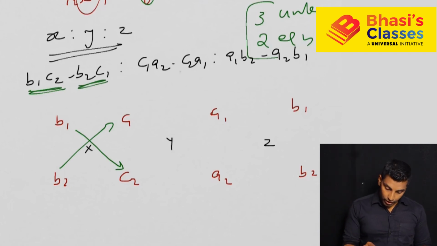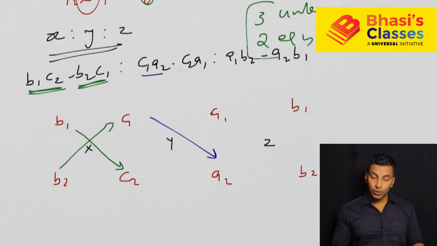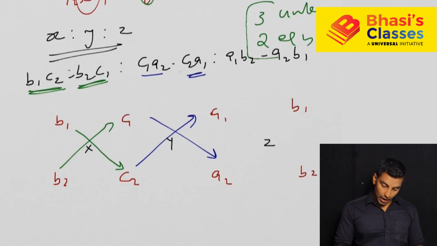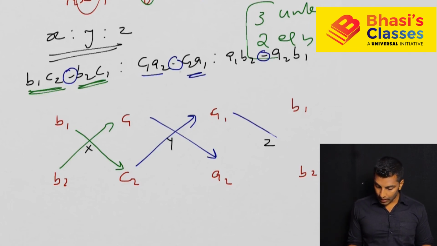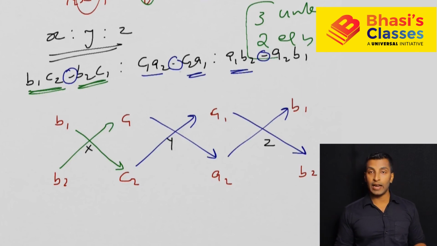Now you continue like this, so you get c1a2, then c2a1. All are minus, so you don't need to have confusion. Then from here, a1b2, and then a2b1.